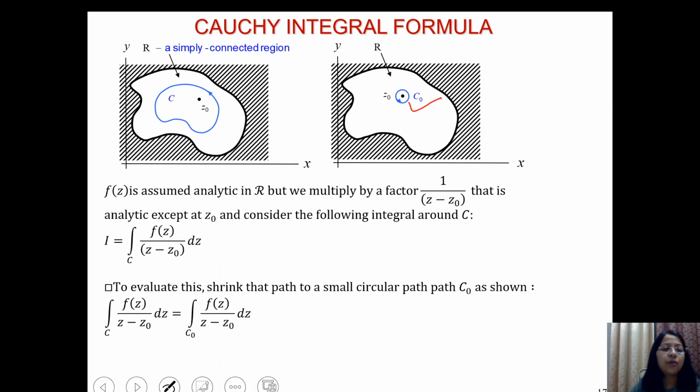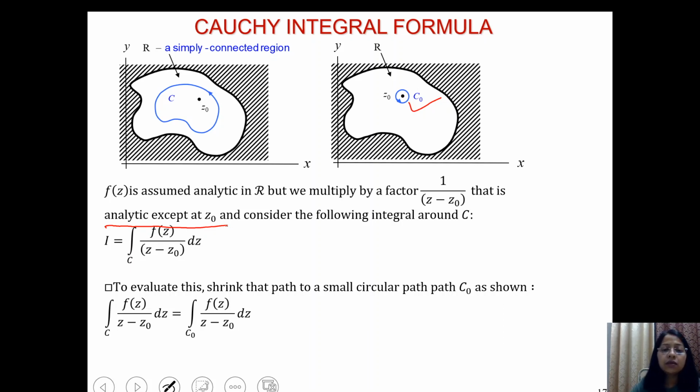Cauchy integral formula assumes that f(z) is analytic in region R, but if we multiply by 1 by (z minus z0), that is analytic except at z0, meaning at z0 it is not analytic. Note this point and consider the following integral around C. So we can write I is equal to the integral of f(z) by (z minus z0) dz, right?